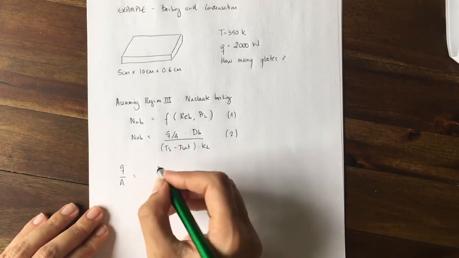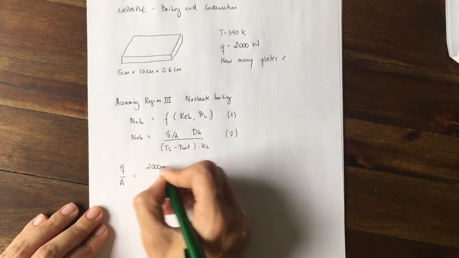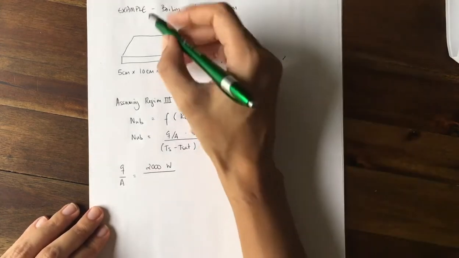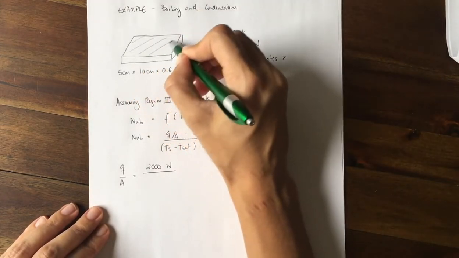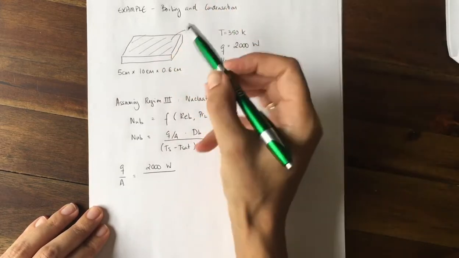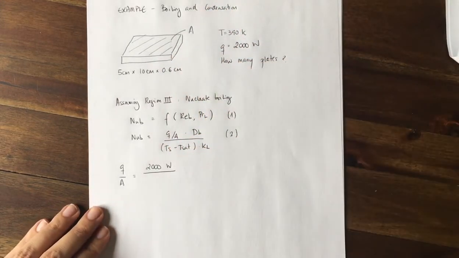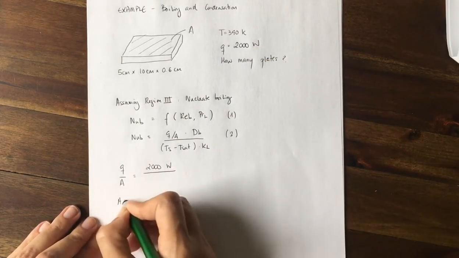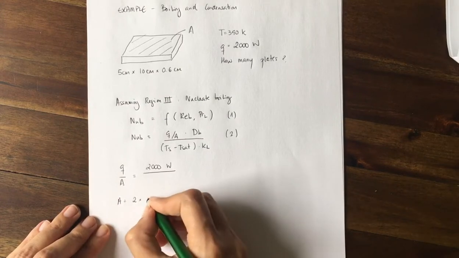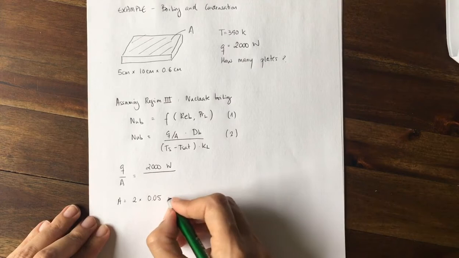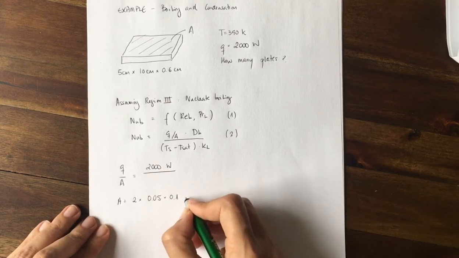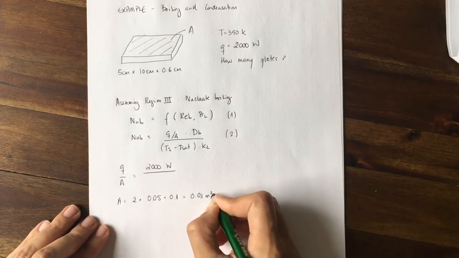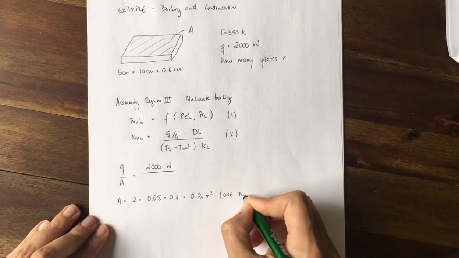Q over the area is equal to 2000 watts that we need to dissipate, and the area in this case, we need to consider the two surfaces here, on the top and underneath. So the area is equal to 2 times 0.05 meters times 0.1 meters, and this is equal to 0.01 square meter, and this will be for one plate.